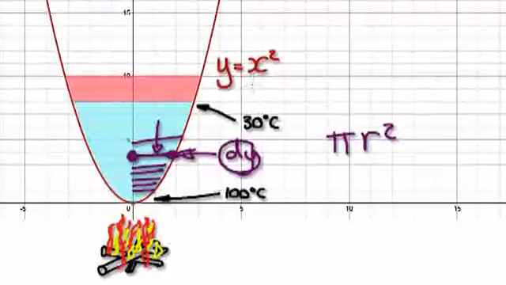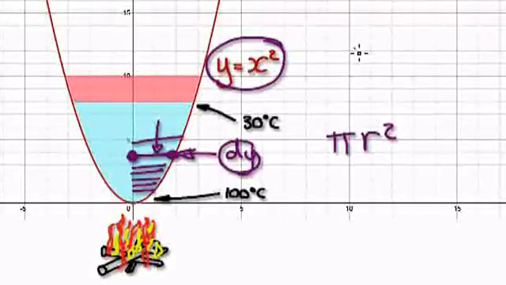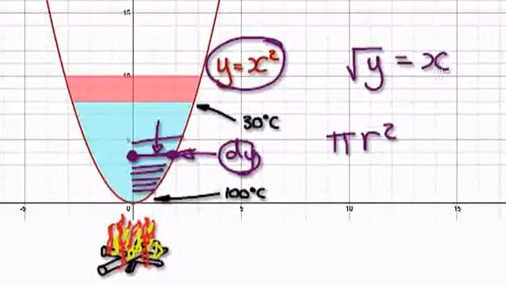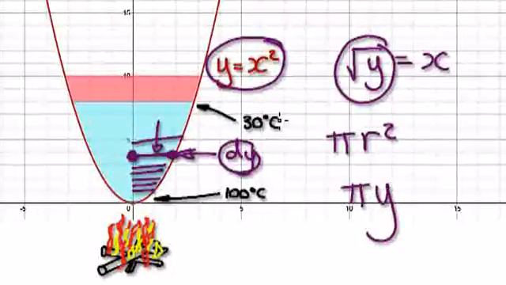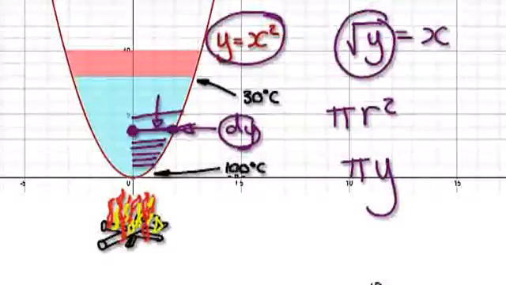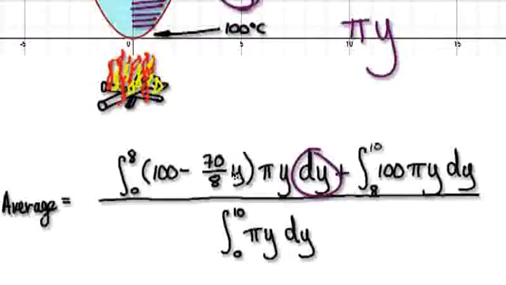The radius here is given by, square root both sides, root y. So the radius is root y here, and then when you square it, it becomes pi y. Okay. So we've done this many times.